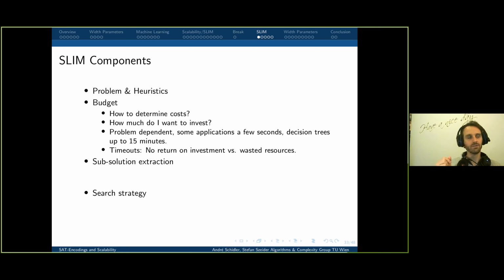If you can pinpoint quite accurately how long the SAT solver will take, the timeout will probably be closer to what you expect. If it's very fuzzy, you probably give it a bit more time. But it's always this trade-off: do I invest a little more time so that I may get a solution, or do I throw more time at something I will get no benefit from anyway?